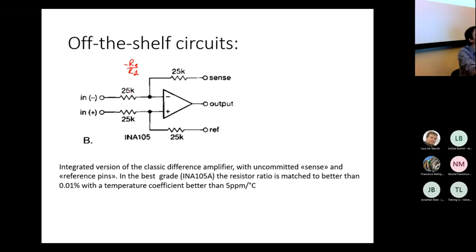So in this specific case, this is just 1 or minus 1. Okay, so in some cases we want different gains, but if we want different gains, we have to change the resistances in the loop, which means that, for example, we may need to add an additional resistor here and then connect this resistor to the output. And we have to do the same for the other branch. So by placing another 25 kilo ohm resistor.